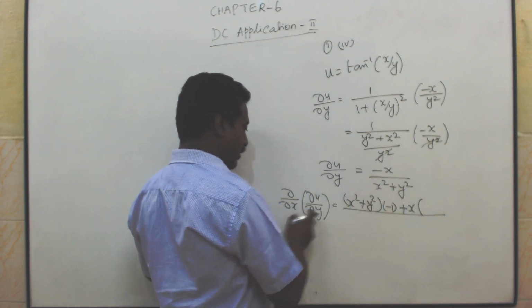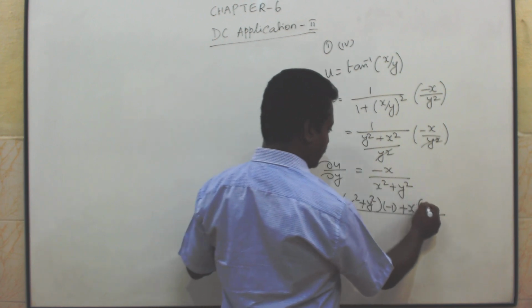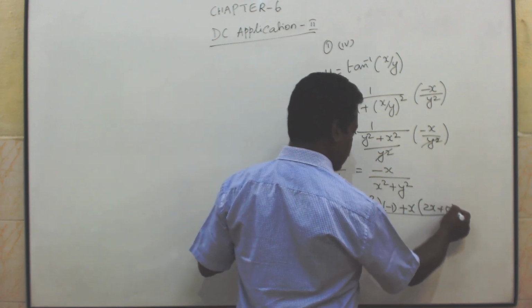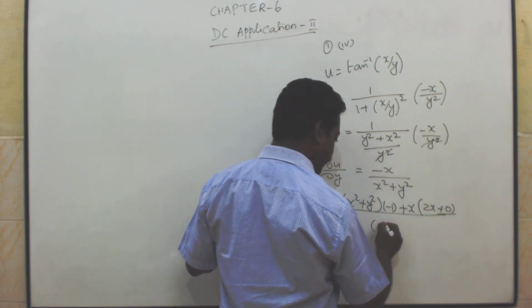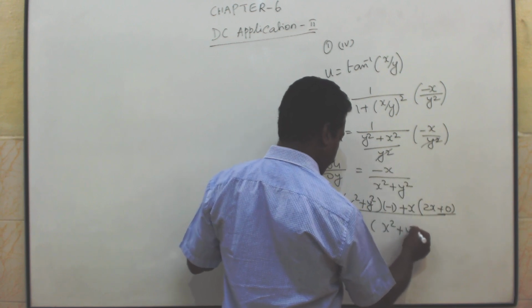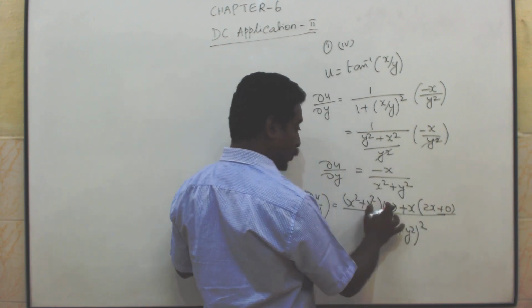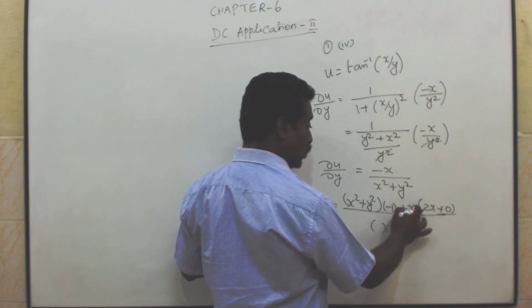Differentiation of x square is 2x, and differentiation of y square is 0.